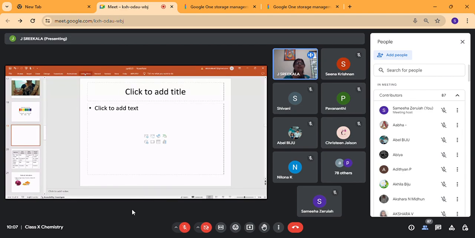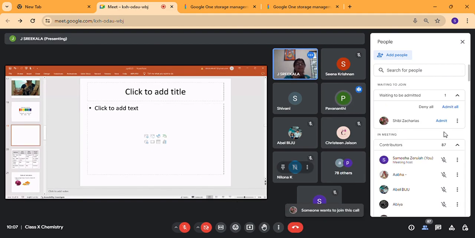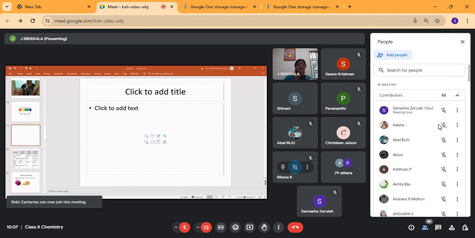In slideshow only we can use the pen tab. Now can you see the screen? Yes, ma'am, we can see it, but it's not in the slideshow. Can you see what I am writing? No, ma'am. So now next is severe problem is there, children.